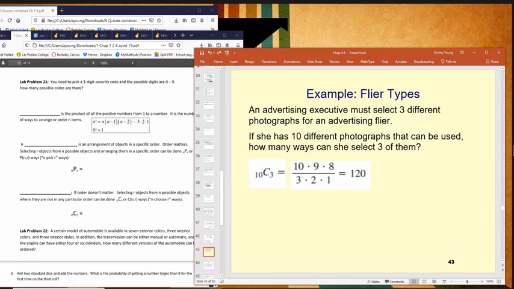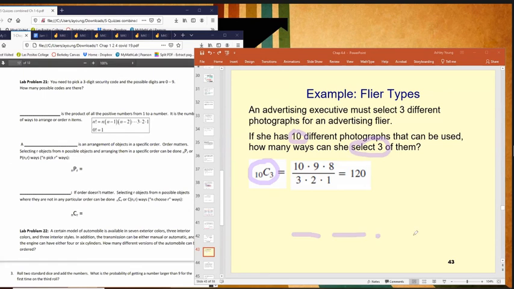Great. So in this case, order doesn't matter. We're just picking 3. If you're selecting 3, you're going to have 10C3. Selecting 3, I'm going to have 3 spots. Boom, boom, boom.